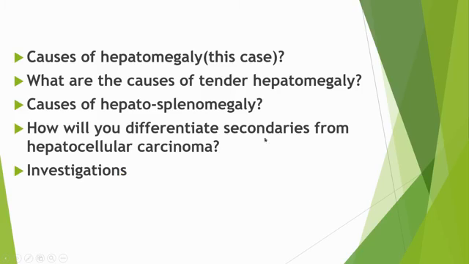What is umbilication? It is the necrosis of the center of the tumor, due to failure of blood supply to the center. So there is necrosis and umbilication occurs. In secondaries, you may find other findings of the primary tumors.